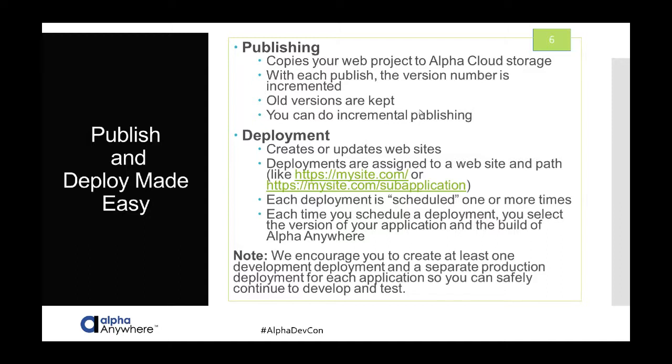Each time you schedule a deployment, you select the version of your application, the build of Alpha Anywhere, and your deployment itself is assigned to a website and path. We actually encourage you to create at least one development deployment and a separate production deployment for each application so you can safely continue to develop and test.